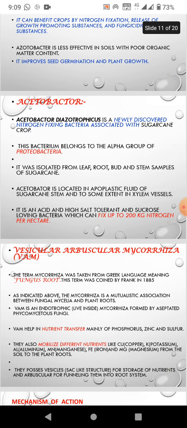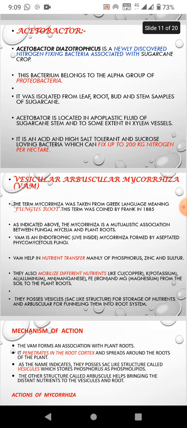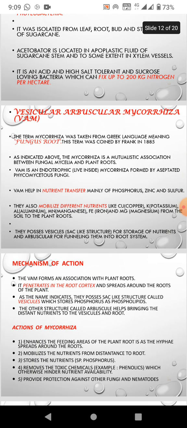And then next, VAM, vesicular arbuscular mycorrhiza, was taken from the Greek language meaning fungus root. The term was coined by Frank in 1885. As indicated above, the mycorrhiza is a mutualistic association between fungal mycelia and plant roots. VAM is an endotrophic mycorrhiza formed by aseptate Phycomycetes fungi.